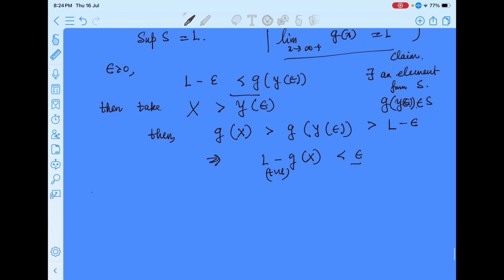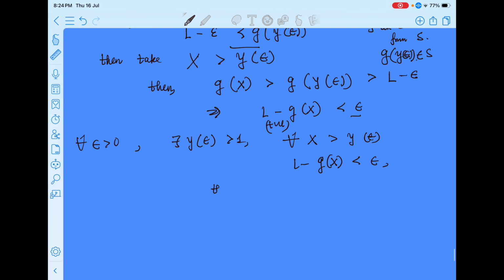So that means for all epsilon greater than 0, there exists a y epsilon, precisely greater than 1, such that for all x bigger than y epsilon, we have L minus g(x) less than epsilon. What does that mean? That means the limit as x tends to infinity of g(x) is L. So the limit exists.